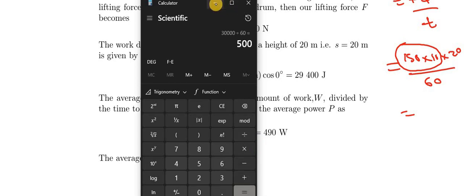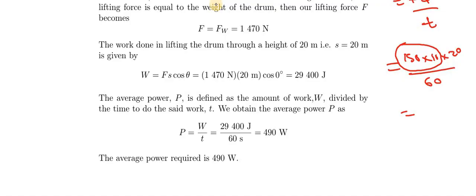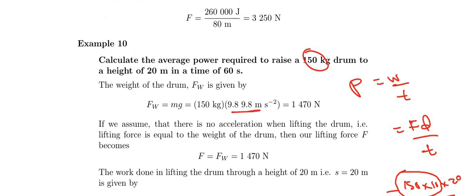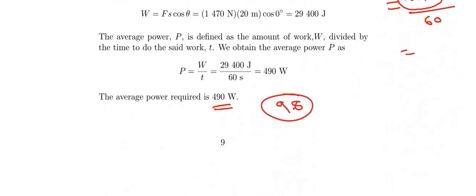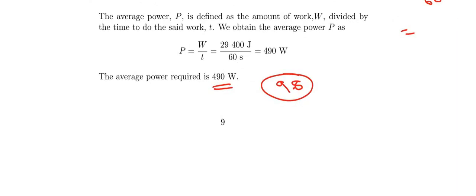This is 500, that's what we are getting. They are getting 490 because they used 9.8 to get the weight. They didn't use 10, that's the reason they're getting 490, while we are getting 500 because we used 10 instead of 9.8. Hope this is okay.